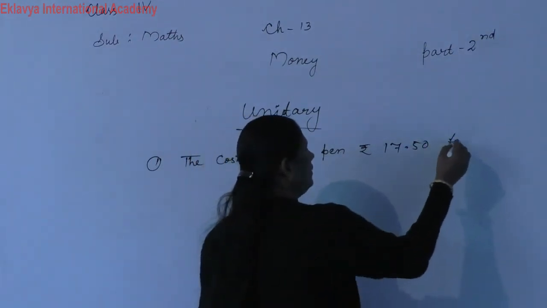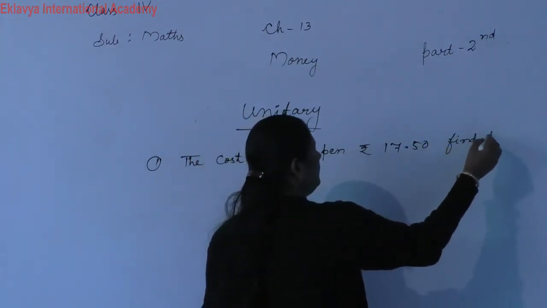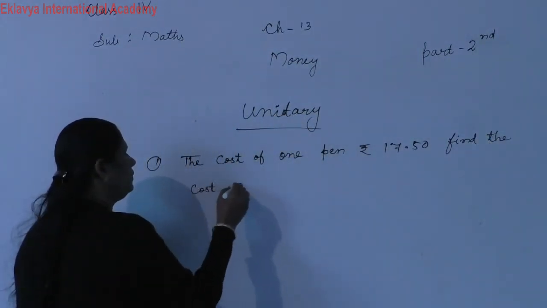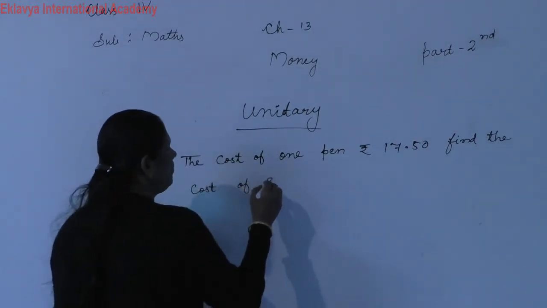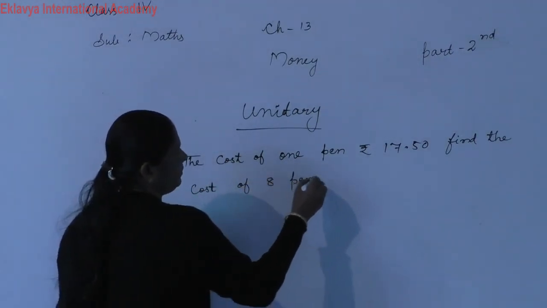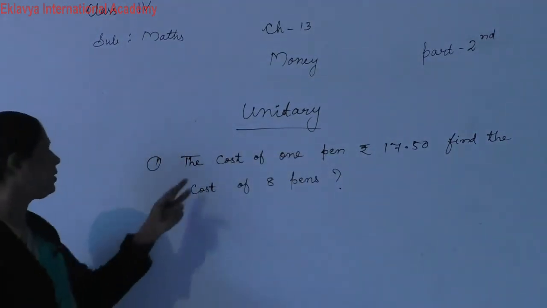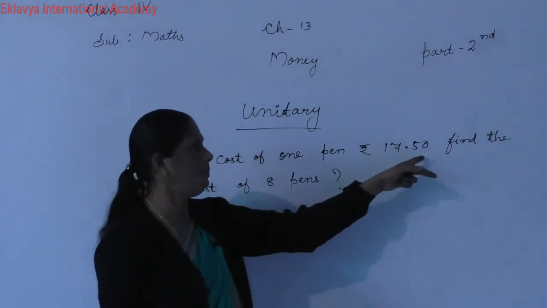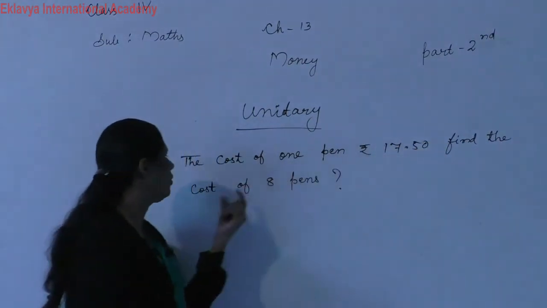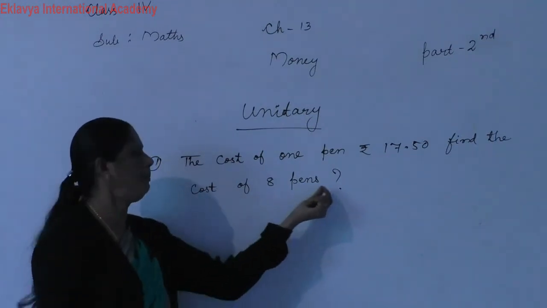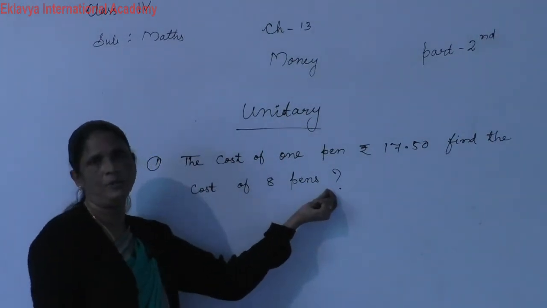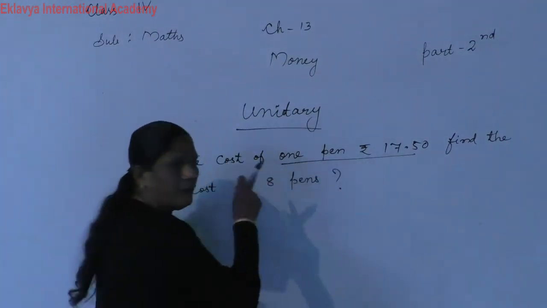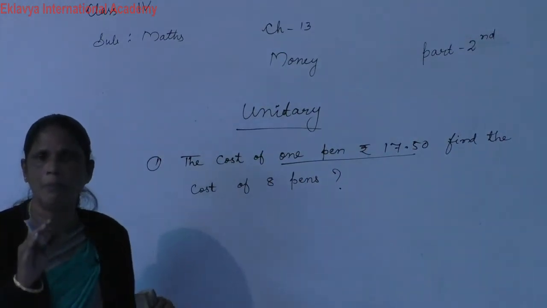Find the cost of 8 pens. Understand? Here one is given and many is to be found. This is multiplication.